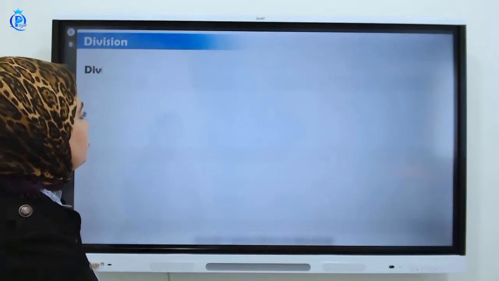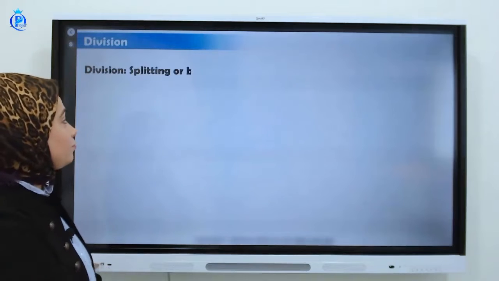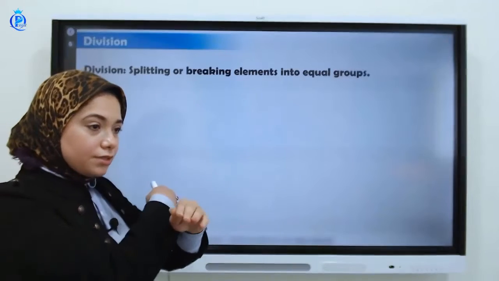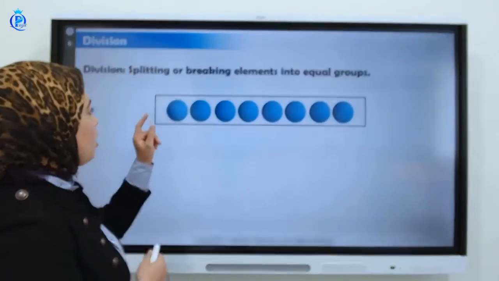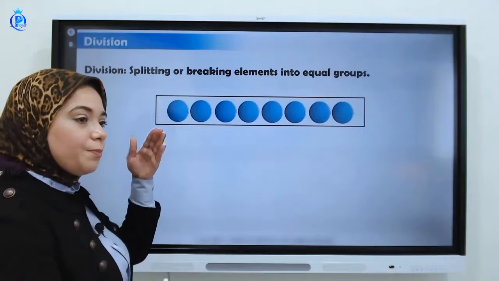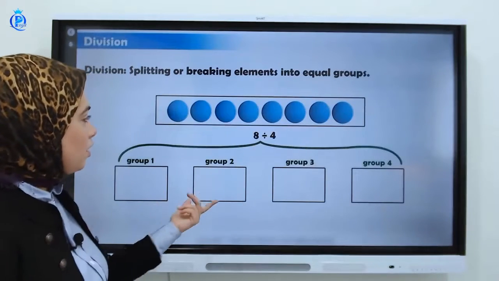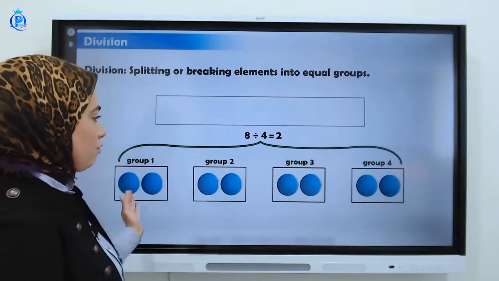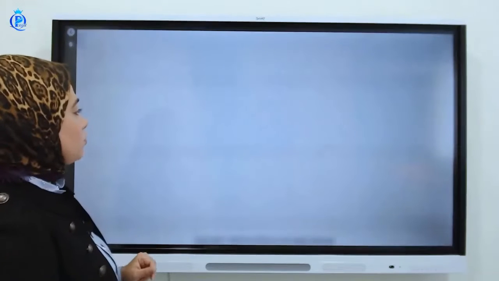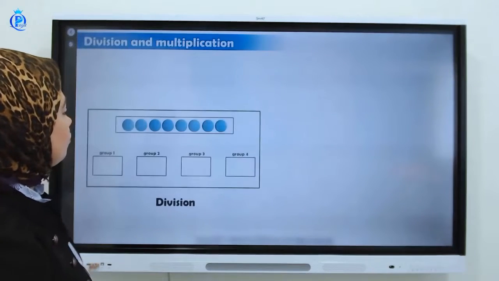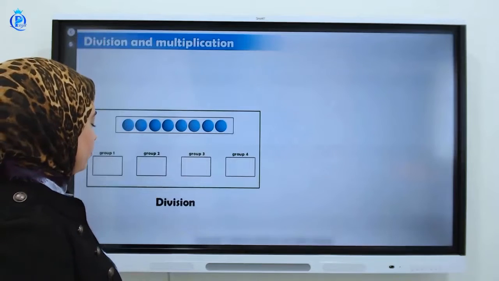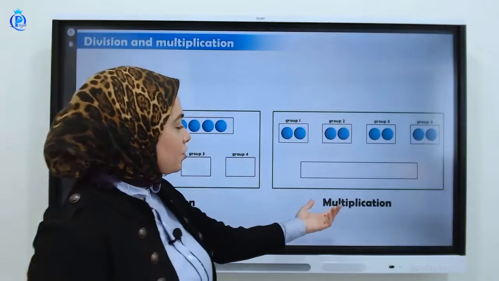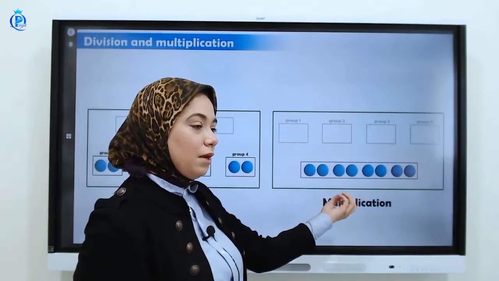We could think of division as splitting or breaking elements into groups. The division is the inverse of multiplication. I can break something. Look at this. 8 divided by 4, I will break this into groups. Recall that division is the opposite of multiplication.